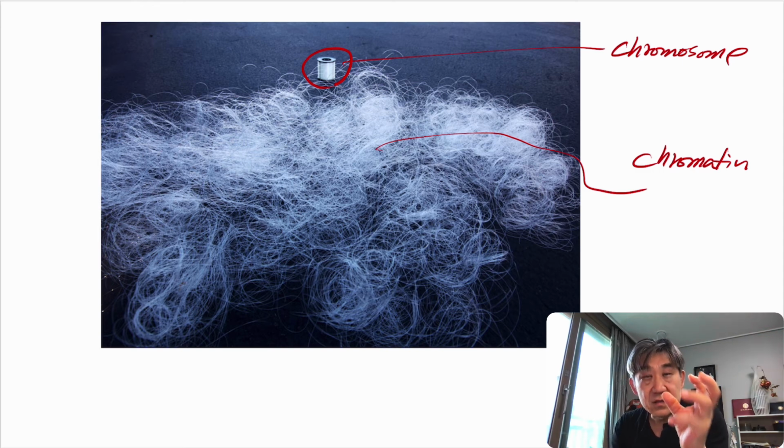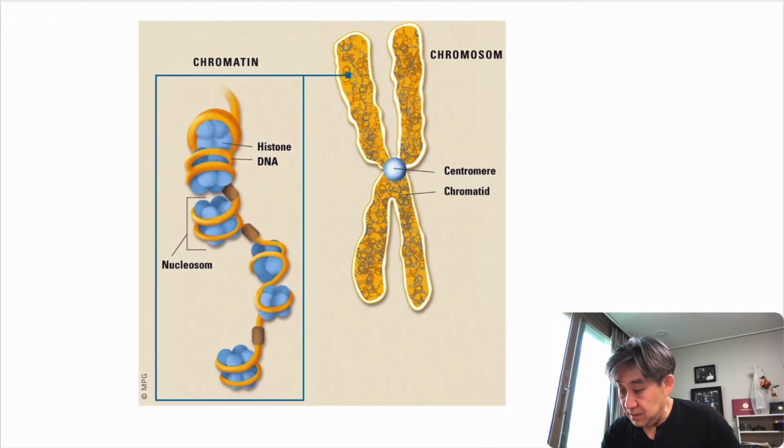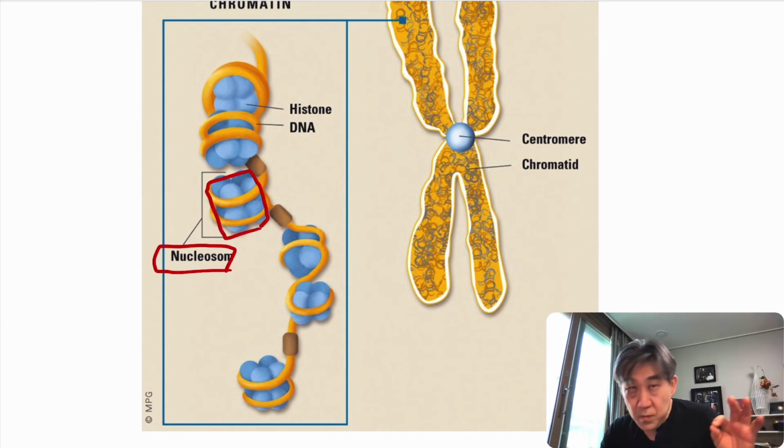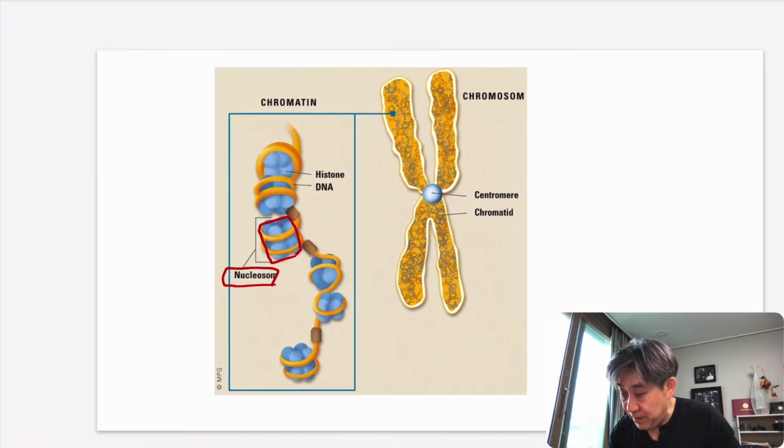This is the basic structure of a nucleosome, in which 8 histone proteins of 4 different kinds form a core unit, and DNA is wrapped.